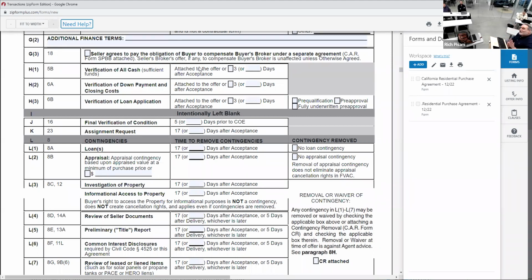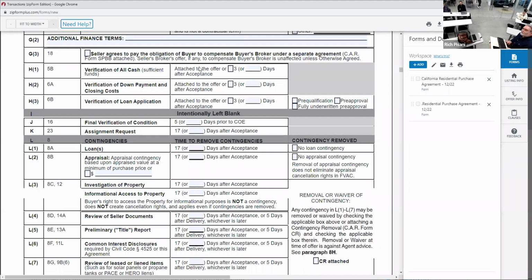So there are some companies that will do a full underwriting, but most times you're going to get a pre-approval. Final verification of condition: it's in the contract that 5 days prior, and it defaults to 5 days prior to close of escrow, you're going to go in and do a final verification of the condition.